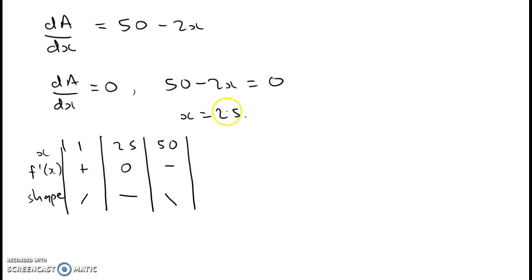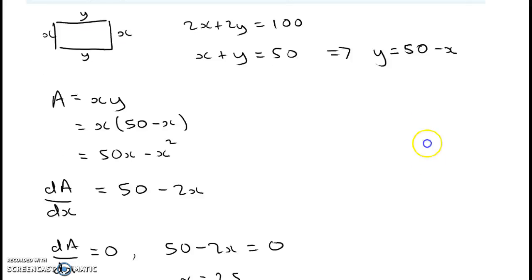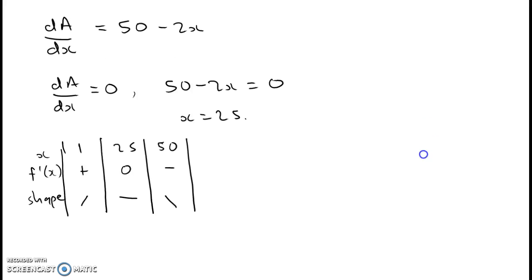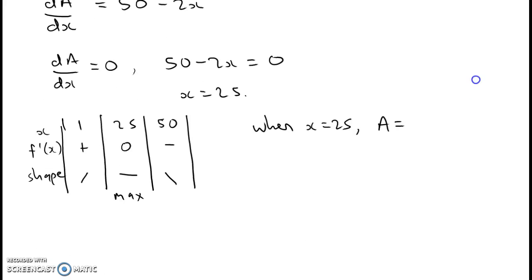So we know that at x equals 25, it is a maximum, but the question is asking us to find the maximum area. So in other words, we need to sub in x equals 25. Let's sub it into our area, which was x times 50 minus x.